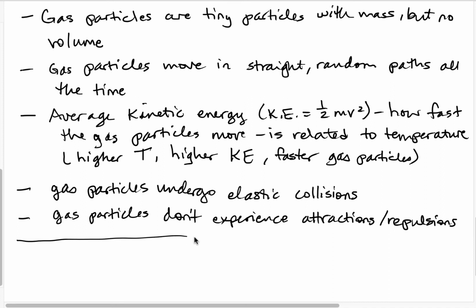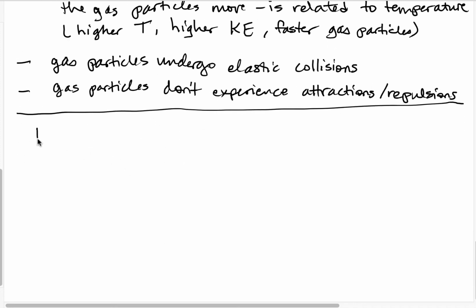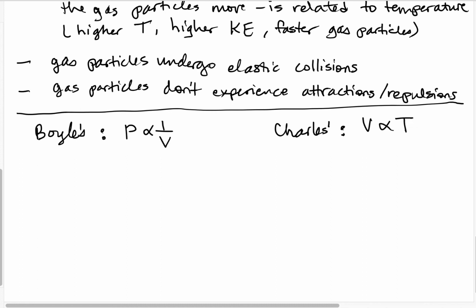So now that we're thinking about gases as particles, we can explain the different gas laws. We're just going to quickly review. We had Boyle's law, which said that pressure was inversely related to volume. We had Charles' law, which was that volume is proportional to temperature.